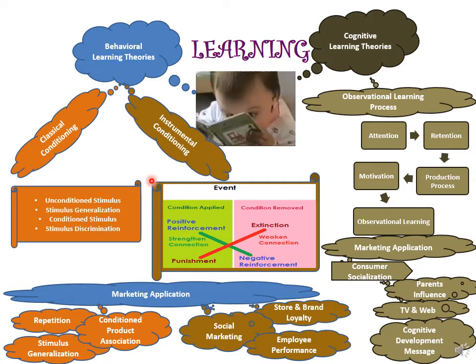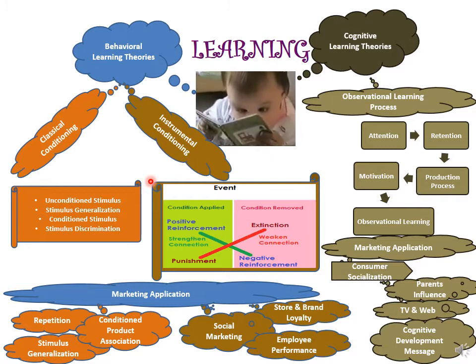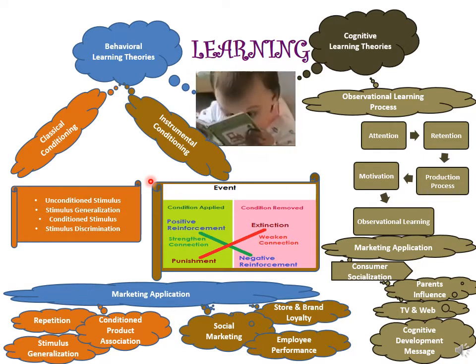Another type of behavioral learning theory is instrumental conditioning. Instrumental conditioning occurs when we learn to perform behaviors that produce positive outcomes and avoid those that yield negative outcomes. It basically means that instrumental conditioning occurs when a learner receives a reward after he or she performs a desired behavior.